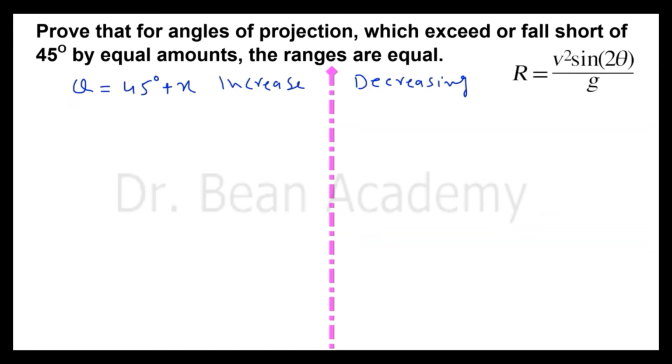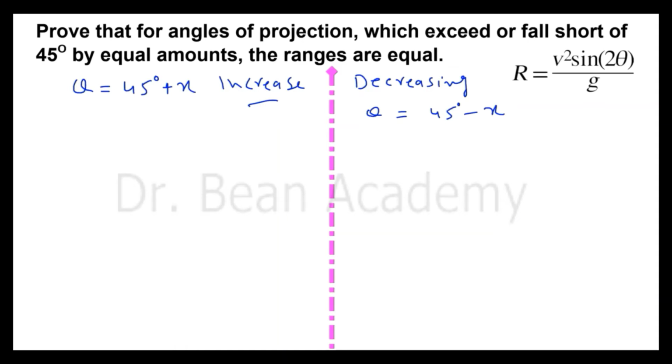X is any angle you want, because in the increase section we always add a certain amount of angle, and in the decrease we can substitute theta equal to 45 minus x, because in the decreasing section the amount is the same, but the only difference is we subtract it, and in the increase section we add it to the angle.